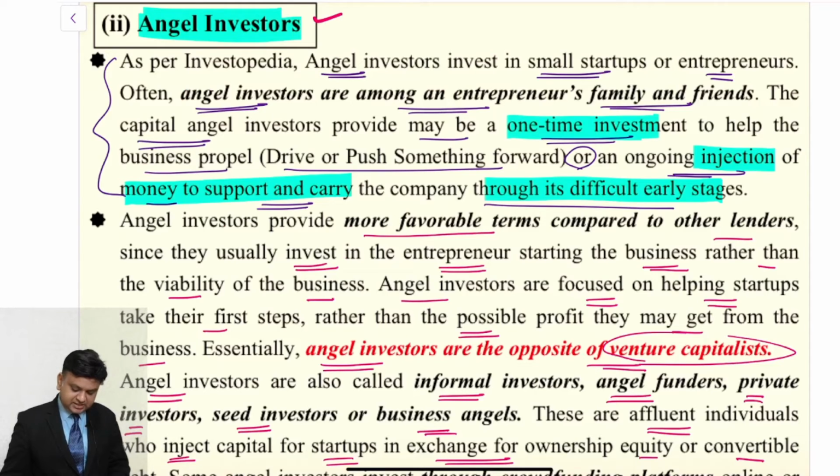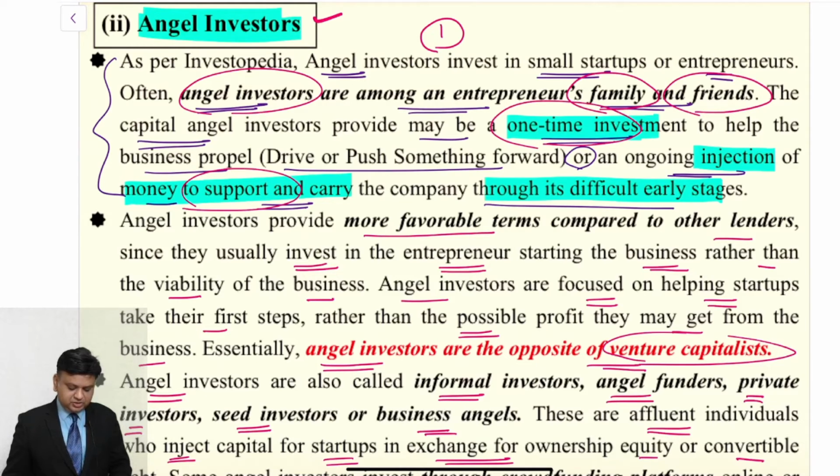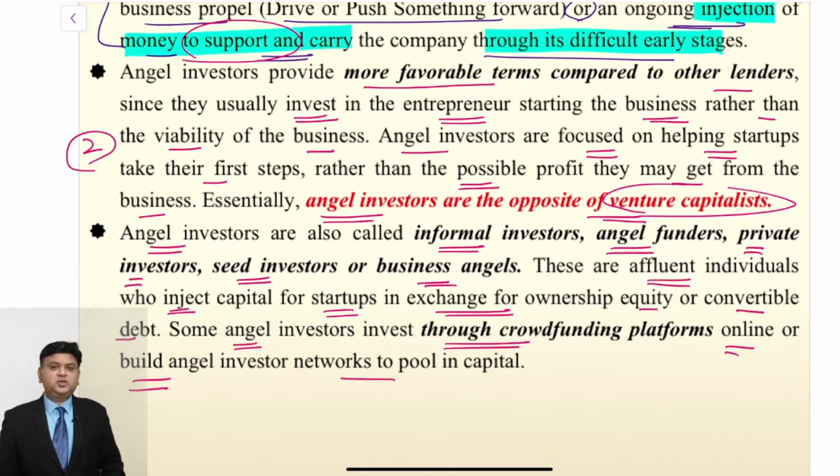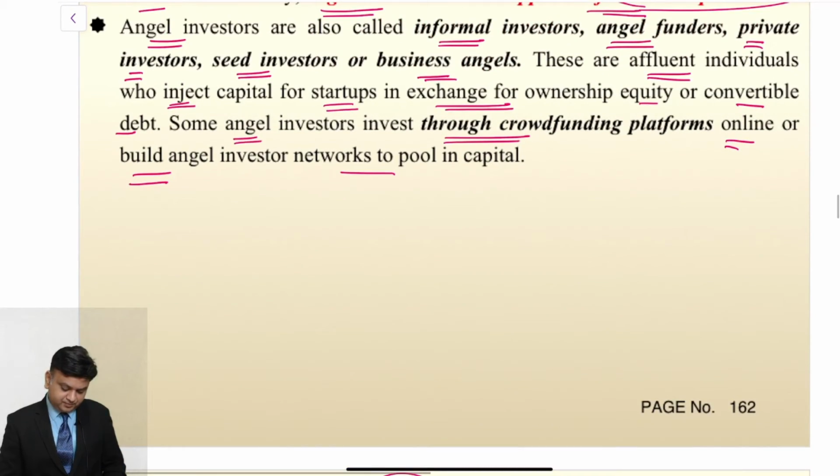So the first point in the explanation about angel investors is that it can be your family, your friend or any other investor who provides a one-time investment or injection of money to support and carry through the difficult stage. Second, they will provide funds on more favorable terms in comparison to the venture capitalist.